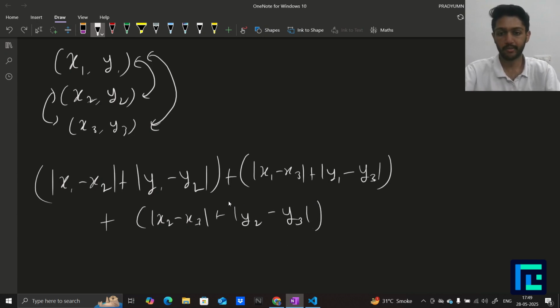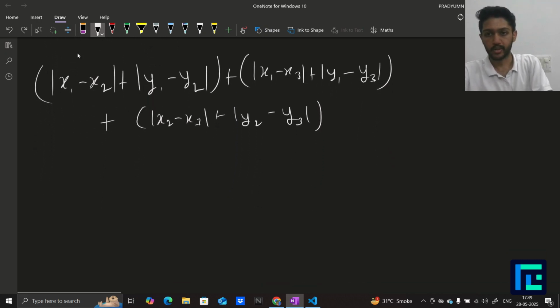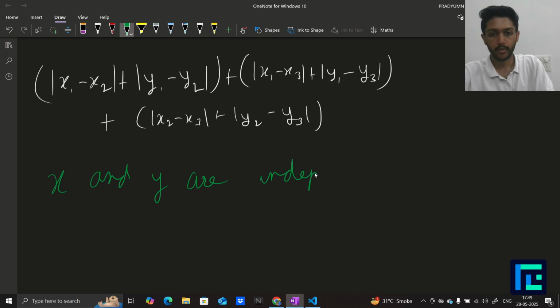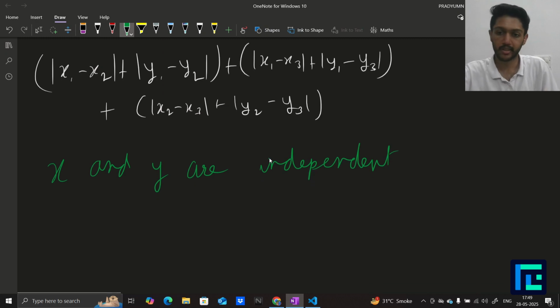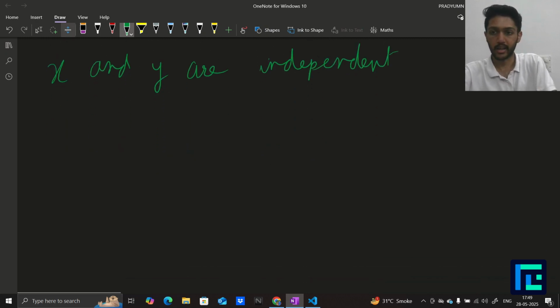So basically we can see that x and y are independent. So we can calculate them independently and then add. So how do we actually calculate that?